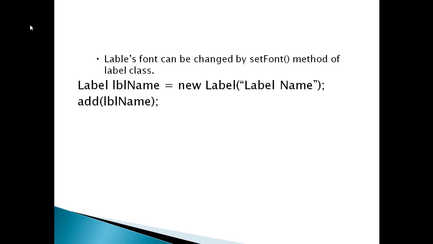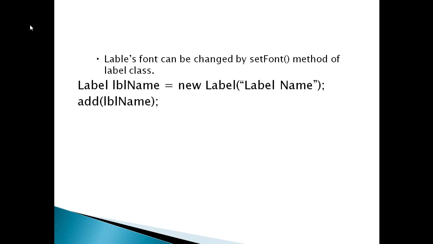First, how to create a label? Like this you can create it: the Label class, capital L, Label, and an object for this label, lblName. Like this I have taken the name object equal to creating the instance, new Label(String labelName).